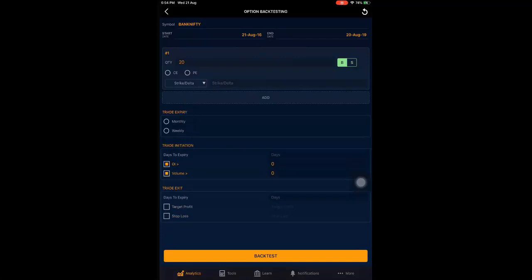Say Bank Nifty, now I'm doing multiple straddles. So instead of doing one straddle, I'm doing multiple straddles. I'm doing one at the money straddle, one out of the money straddle, and one in the money straddle.